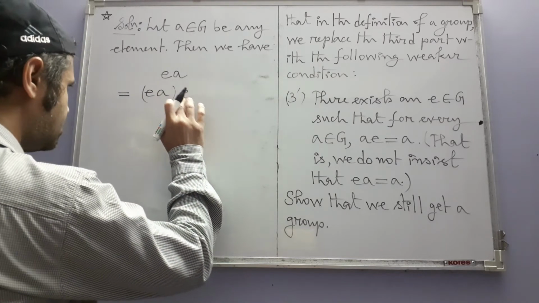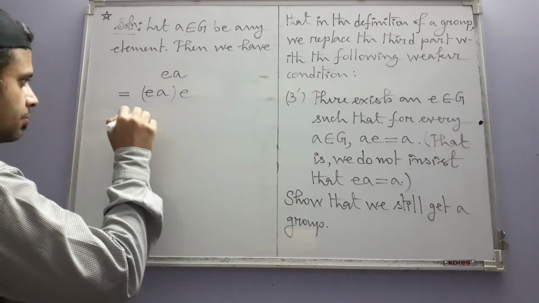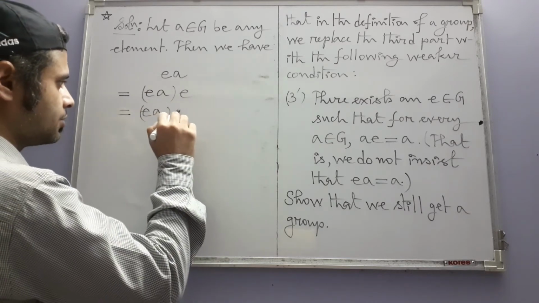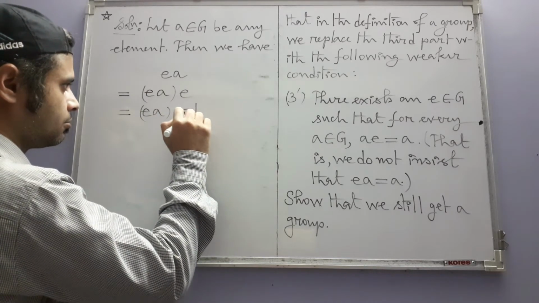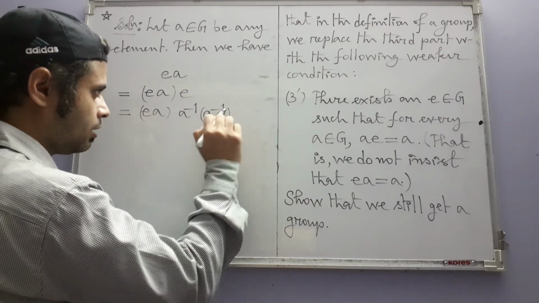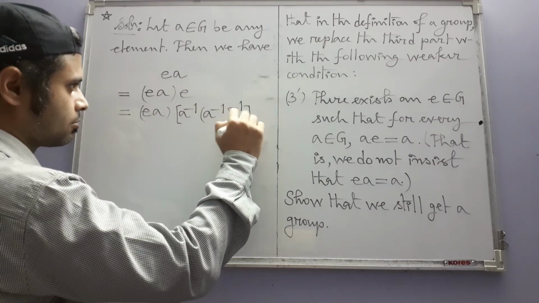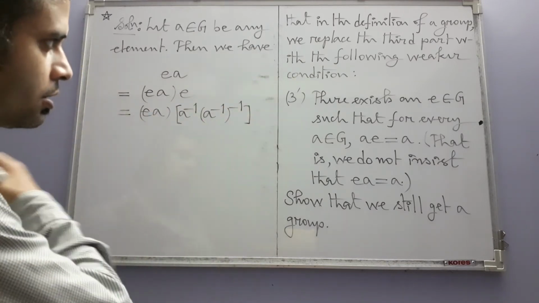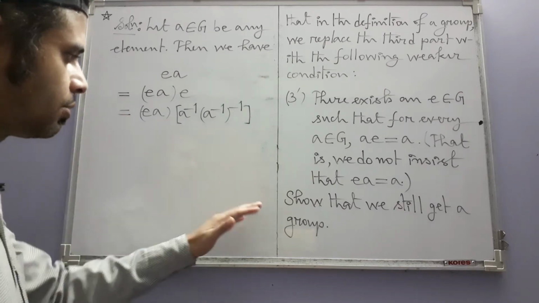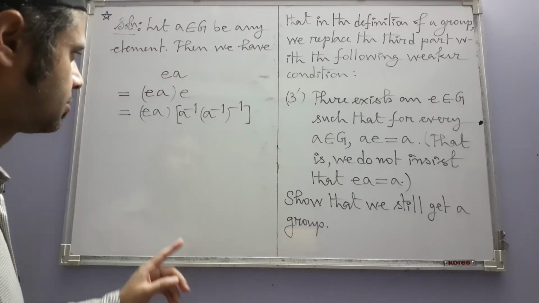Now in place of this E we can write A inverse, A inverse inverse. Because all the other axioms are like before, the fourth axiom is like before: every element has its inverse.